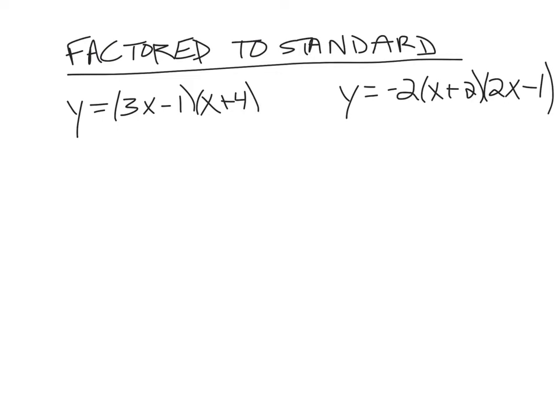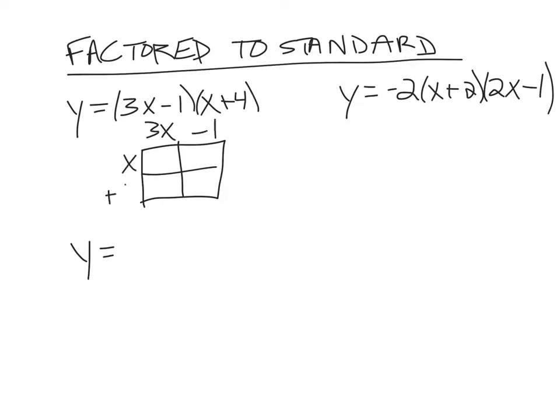So what I'm going to do is jump down here and put my y equals, and I'm going to multiply my two binomials together. 3x minus 1, x plus 4. So I get 3x squared, negative x, 12x, and negative 4. When I combine like terms, I get 3x squared plus 11x minus 4.